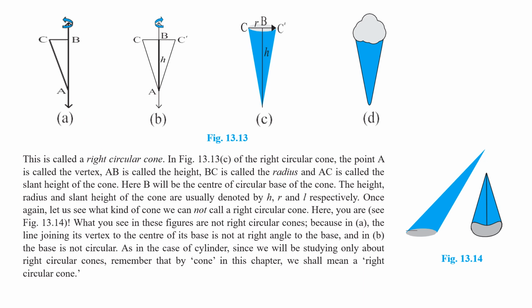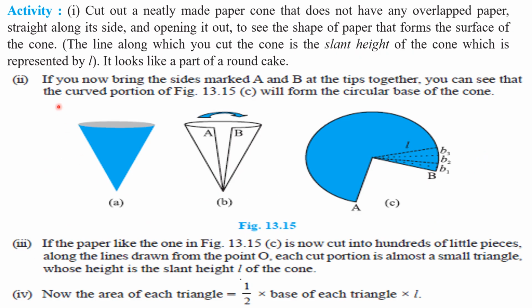Okay, my children, right. Now let us do this second activity to find the surface area of a right circular cone. Cut out a neatly made paper cone that does not have any overlapped paper, straight along its side, and open it out.